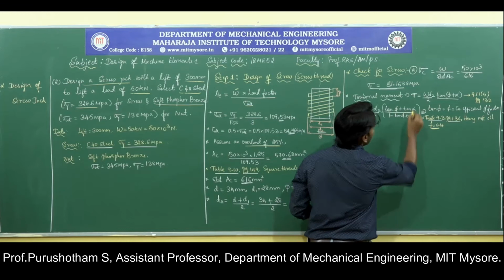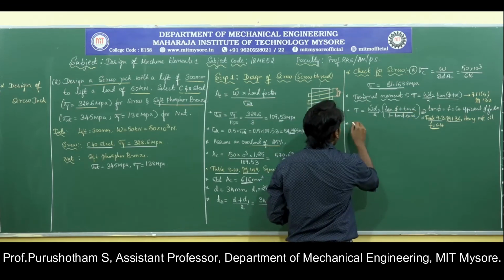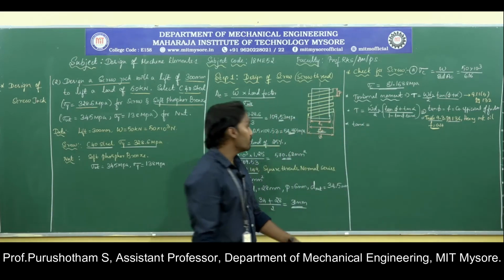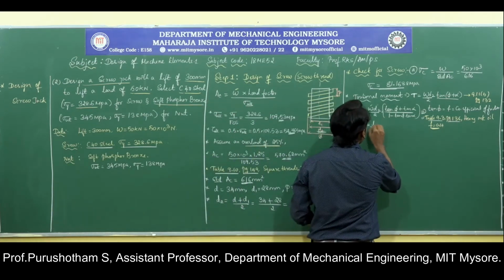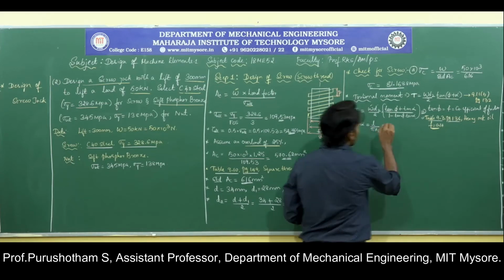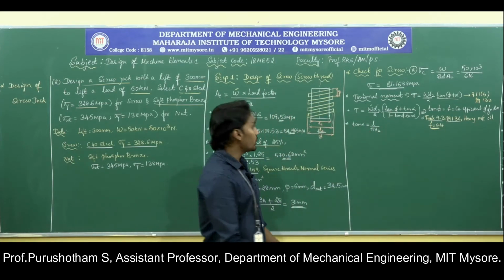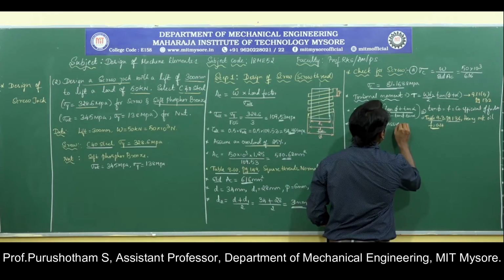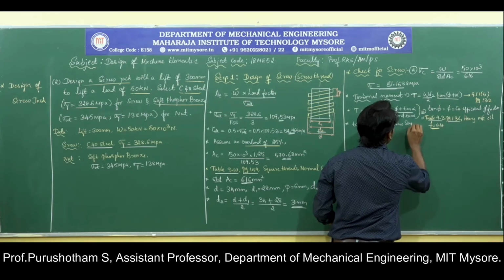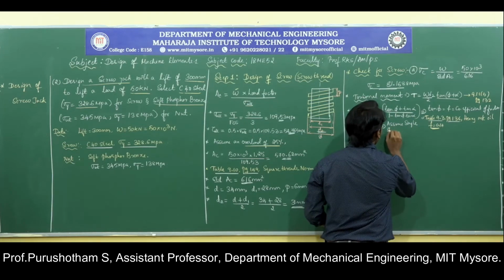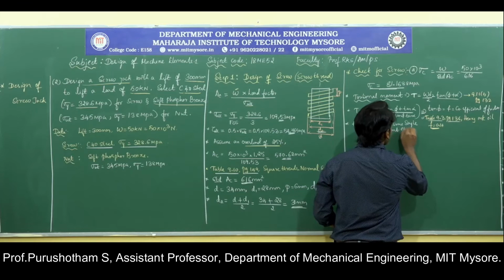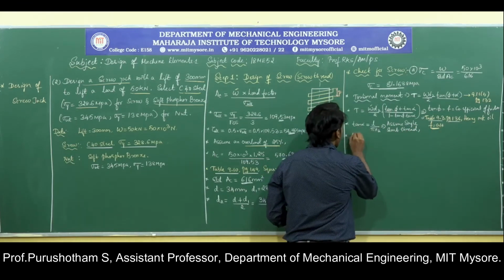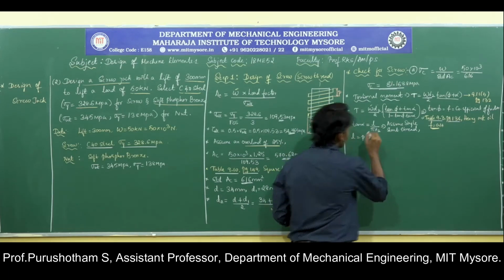Then tan alpha, from the inclined plane concept, is given by L by pi d2. Assume a single start thread. For a single start thread, the lead L is equal to the pitch. So tan alpha is given by L, which is equal to pitch.